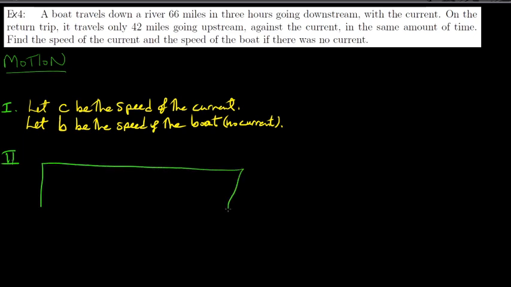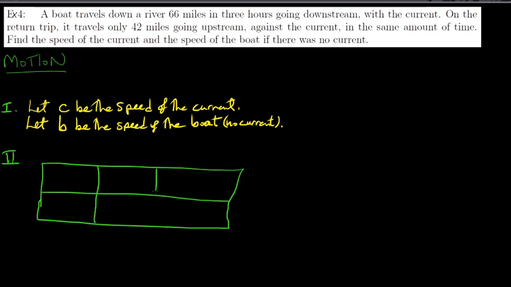Step two, as always, build the table. So what do we have? We have the two situations. Read the problem carefully. We have the boat going downstream. Downstream means going with the current.